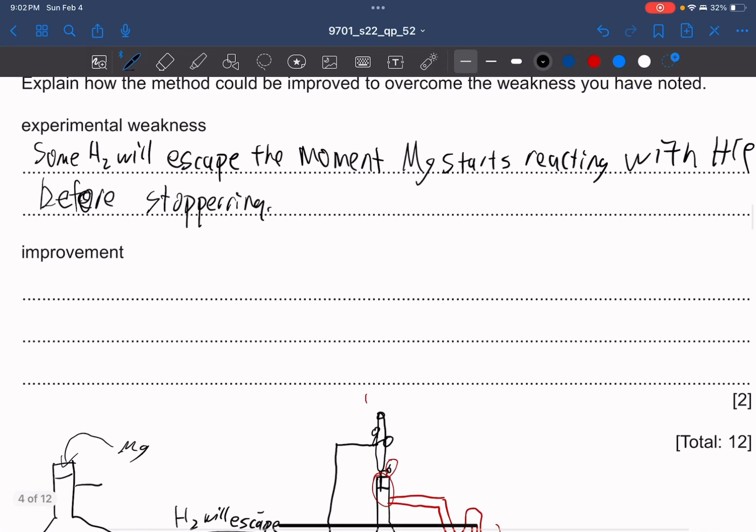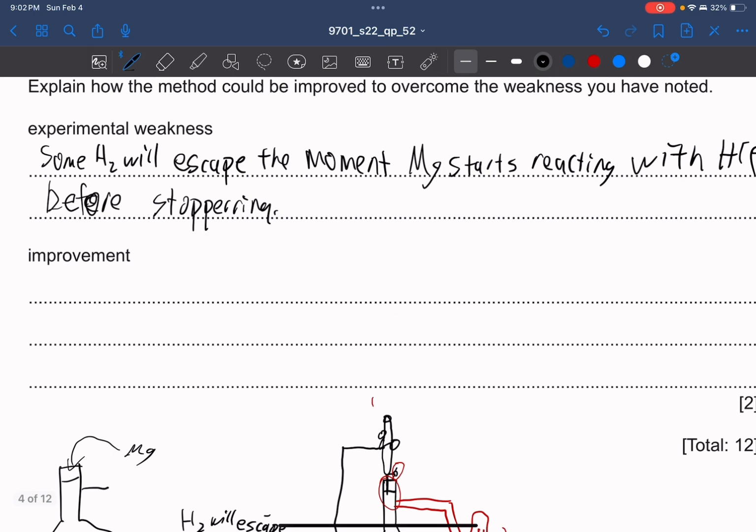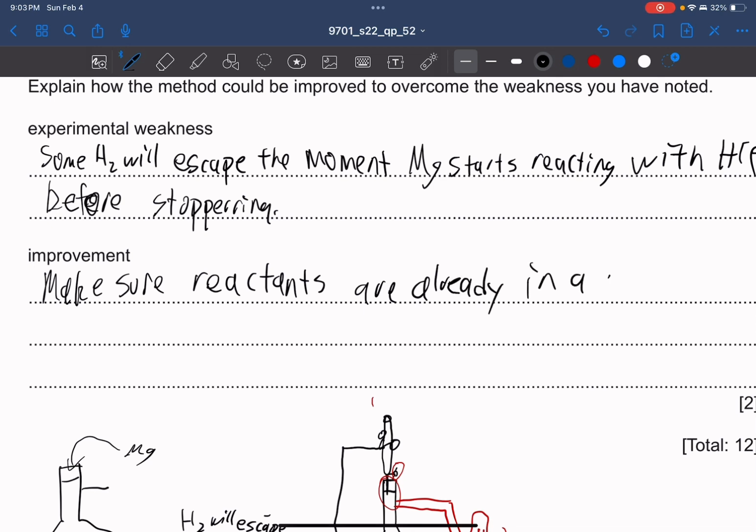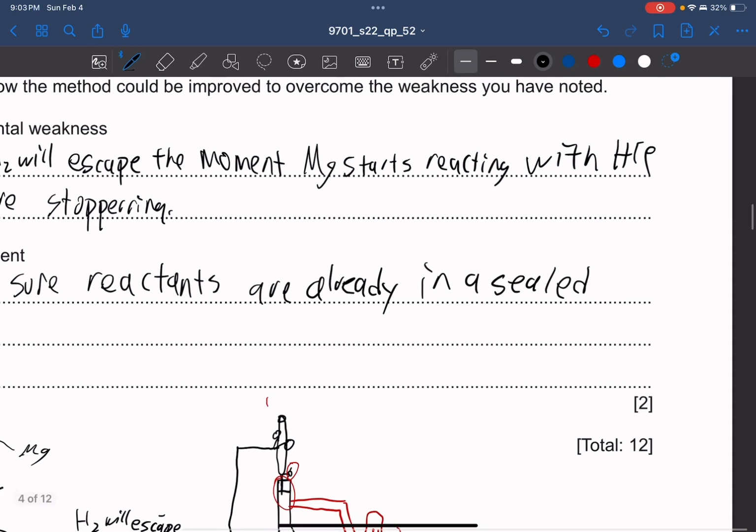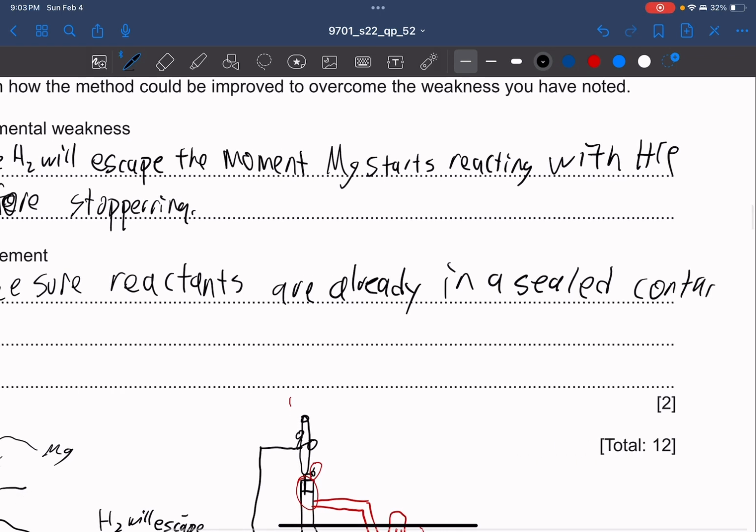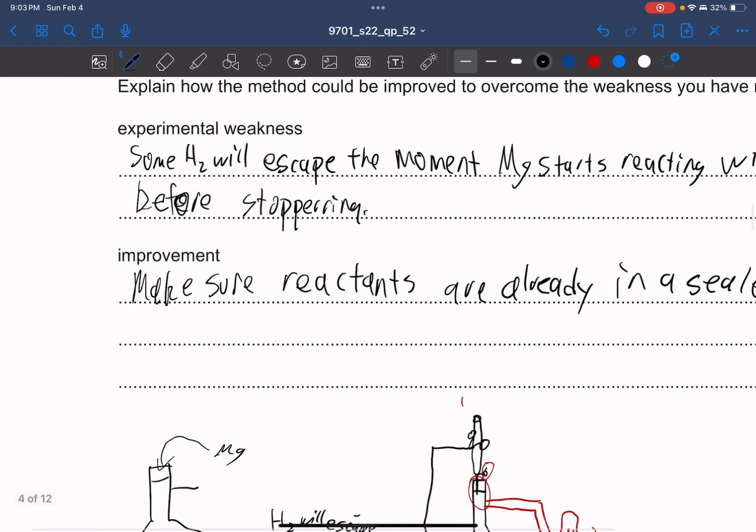How we're gonna work that is make sure reactants are already in a sealed container, but that they are separate before mixing.